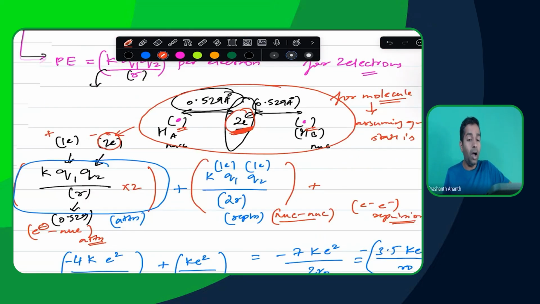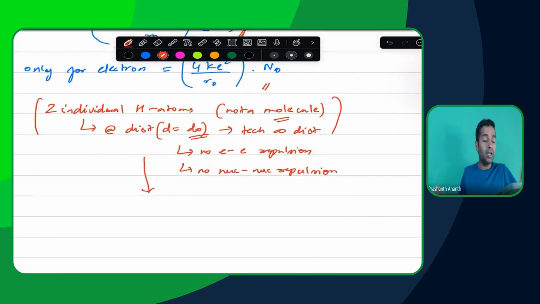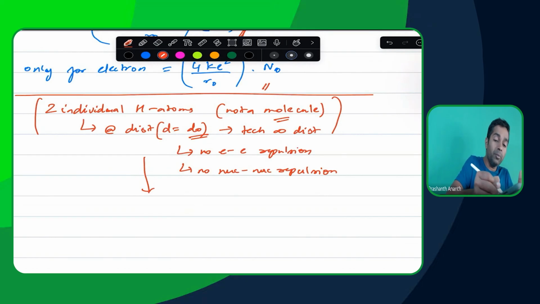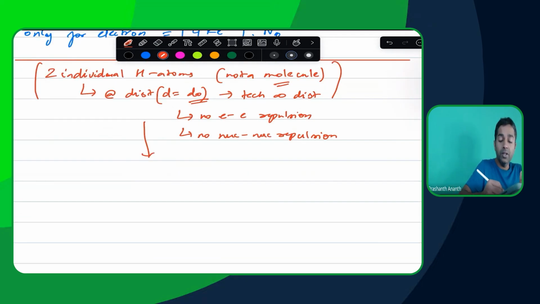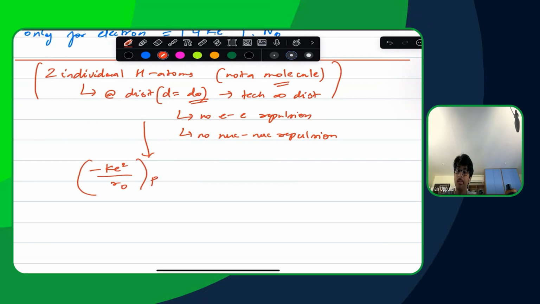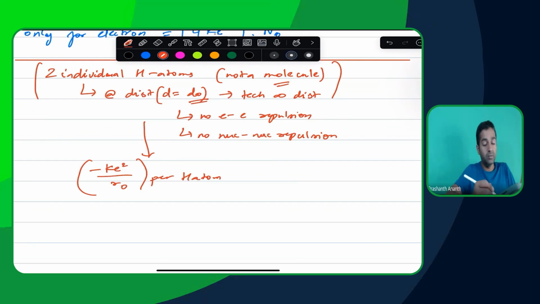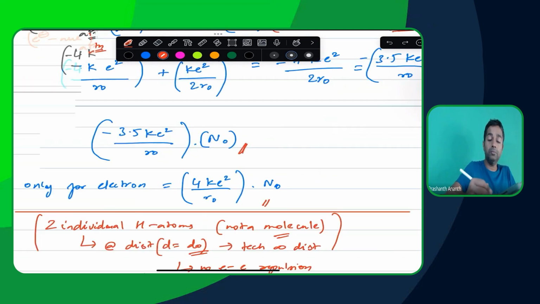If we are considering them as individual atoms, then whatever they have done applies perfectly. It will be very straightforward. If you take them as individual atoms, it will be minus k e squared by r naught per hydrogen atom. Yes, per hydrogen atom. So you have two separate atoms, which implies 2 times minus k e squared by r naught.